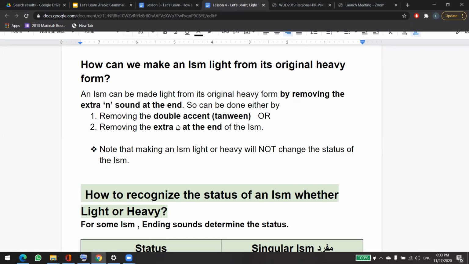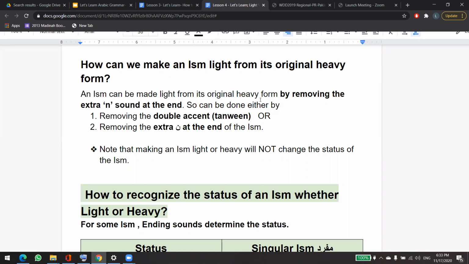Assalamu alaikum. In the first part of lesson 4, we learned about the light and heavy ism: what light ism are, what heavy ism are, and that there are 4 conditions in which a heavy ism has to be converted into a lighter one.